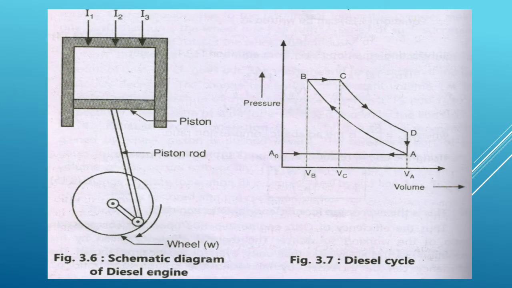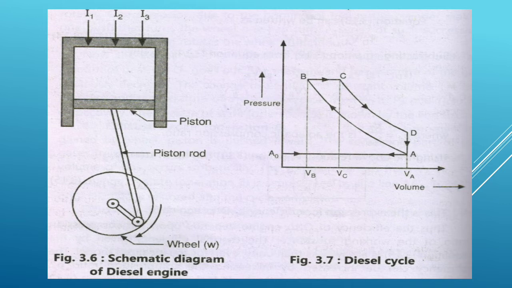Now figure shows diesel engine which consists of a cylinder fitted with movable piston and 3 valves I1, I2 and I3. Valve I1 is air inlet, I2 is oil inlet and I3 is exhaust valve.